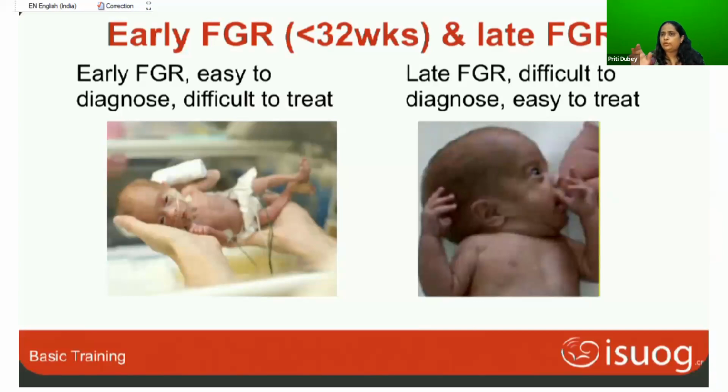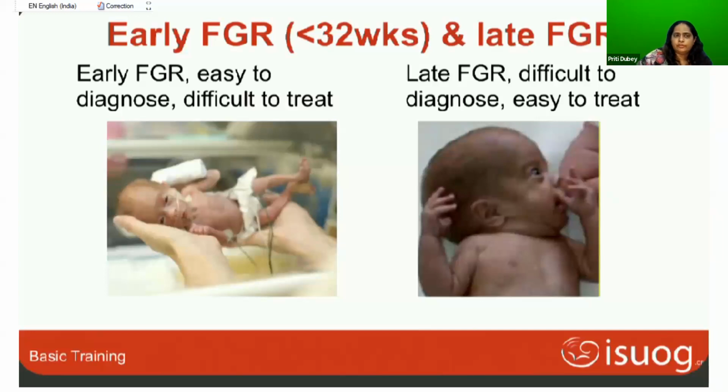So this 32 weeks is not a particular week. Both early FGR and late FGR can develop at any period of gestation. But generally, early FGR babies are less than 32 weeks, and late FGR happens after 32 weeks of gestation, but it is not fixed.